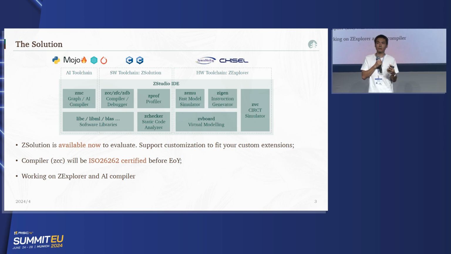The compilers will go through ISO 26262 certification before the end of this year, and are ready for evaluation and delivery. The last one is a co-design and co-optimization tool, the Explorer, which provides a virtual platform to model the microarchitecture and to customize instructions, all without real hardware.